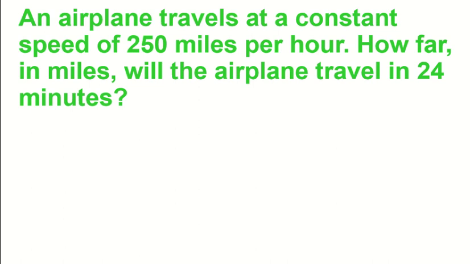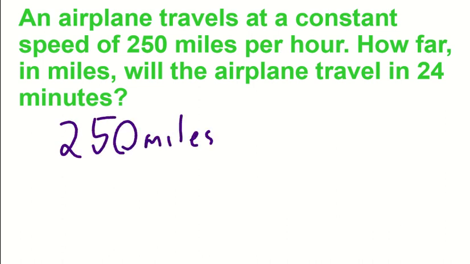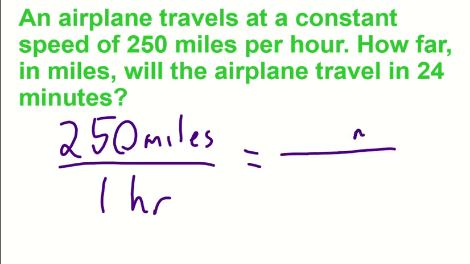So the way this works, we got 250 miles per hour. So that's 250 miles in 1 hour, okay? What we're trying to find is our miles. It's asking how far in miles, so we're trying to find the miles.